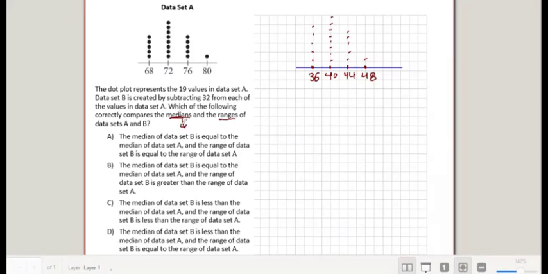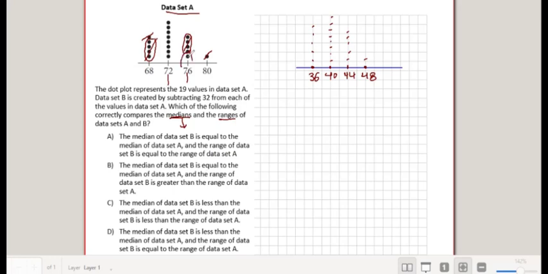Let's talk about the medians first. Median is the number that lies in the middle of the dataset. So for example, dataset A, how can we get the median? One easy method is crossing out 1 from the right and 1 in return from the left. Here we can also cross these 4 together with these 4 right here. So we are left with only two columns.